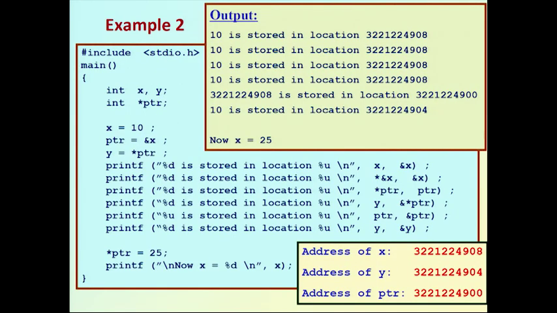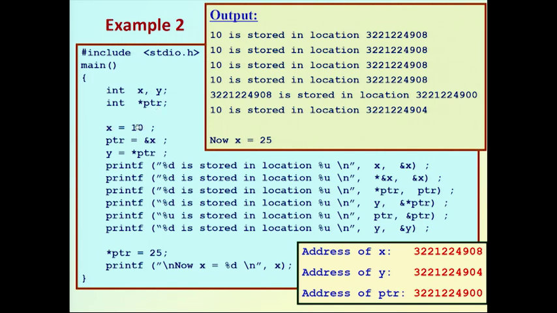Now we see how it is stored, or what it actually gives. So int x, y, two integer variables, and one *ptr, that means ptr is one pointer variable.